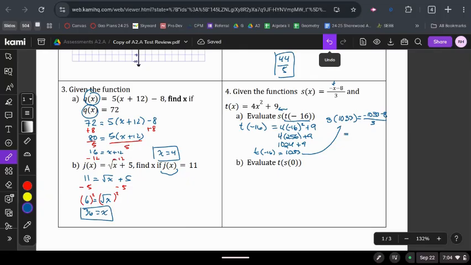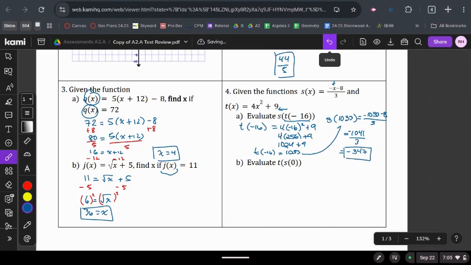And so that would be negative 1041 all divided by 3. And when we divide that by 3, we do get an integer solution. So that's going to be negative 347 as our final answer.